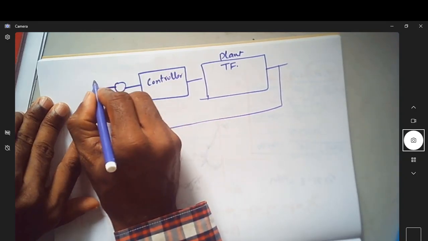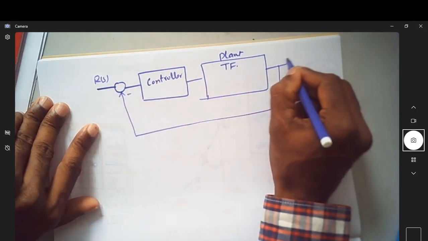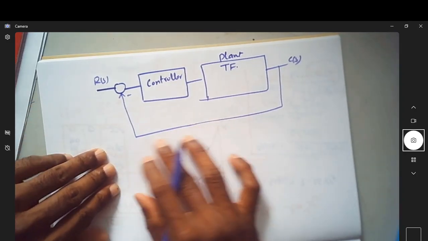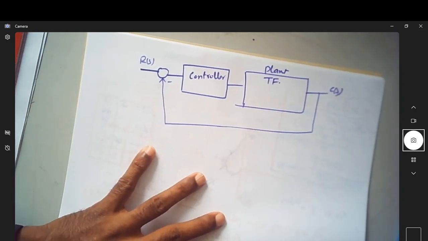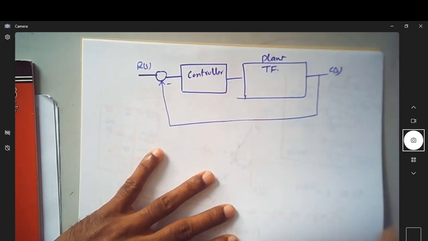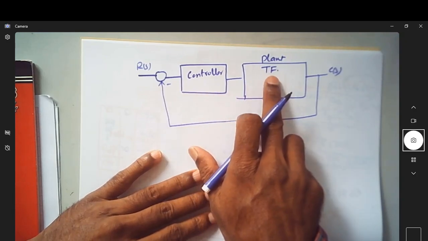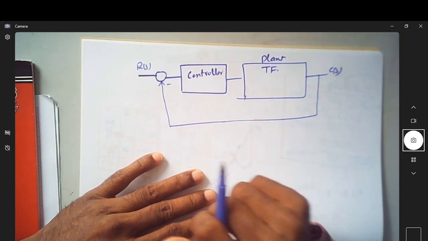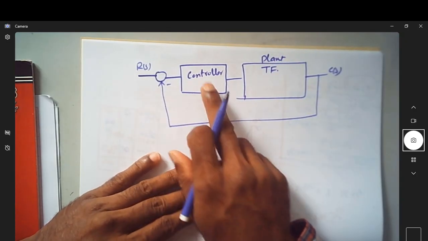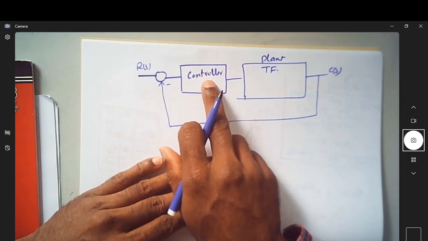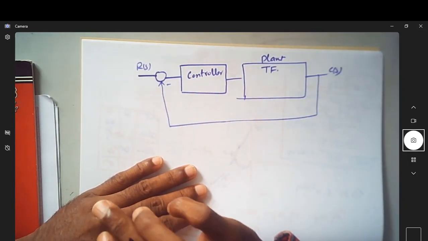This is minus, this is R(s), this is C(s). So this is the system what I have. I have a controller. So there is a system or a plant having some transfer function. So I want to see the impact of this controller on the overall response of the system.